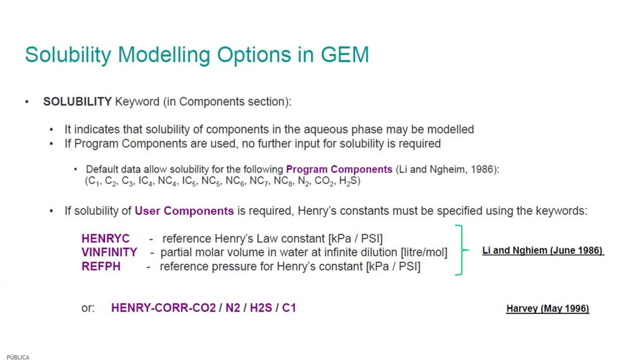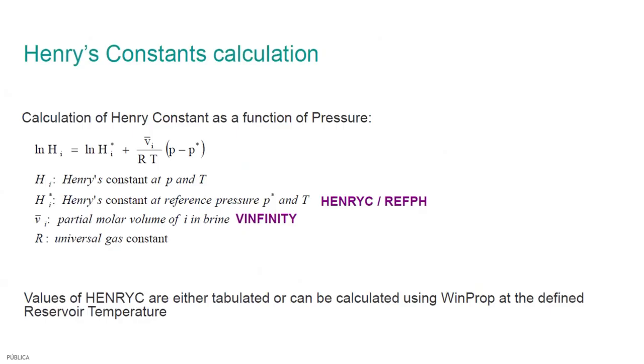We don't control temperature, but we can control pressure because you are injecting fluid, or producing fluid in a recovery project. So it's very important to update the Henry's constant as a function of pressure. One way to do this is using this equation. This model uses this equation that updates the constant.